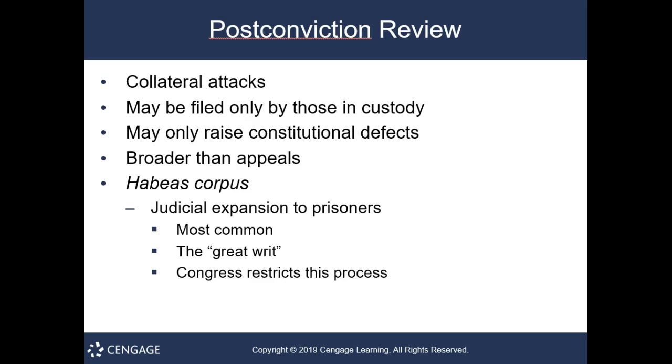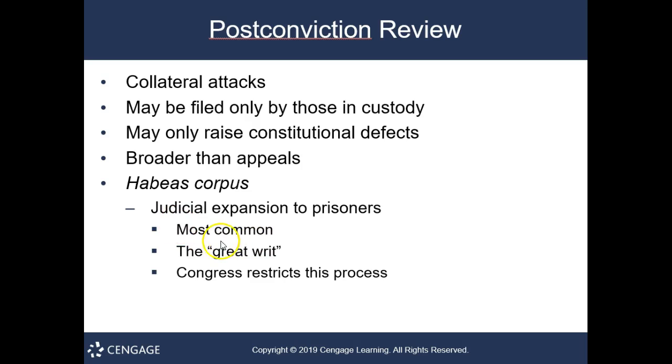Sometimes there's findings of new evidence, and this opened a floodgate of new reviews of cases throughout state and federal jurisdictions. Then Congress greatly restricted habeas access in 1966 as a result, and so it's more limited than it was then. But you can still do it.